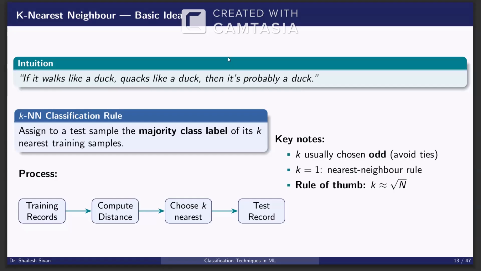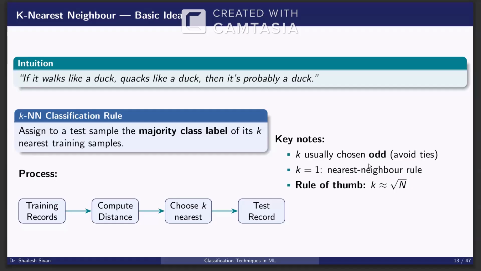That is, if one observation is very similar to some other observations, then it also belongs to that group. In the KNN classification rule, we assign to a test sample the majority class label of its K nearest training samples.